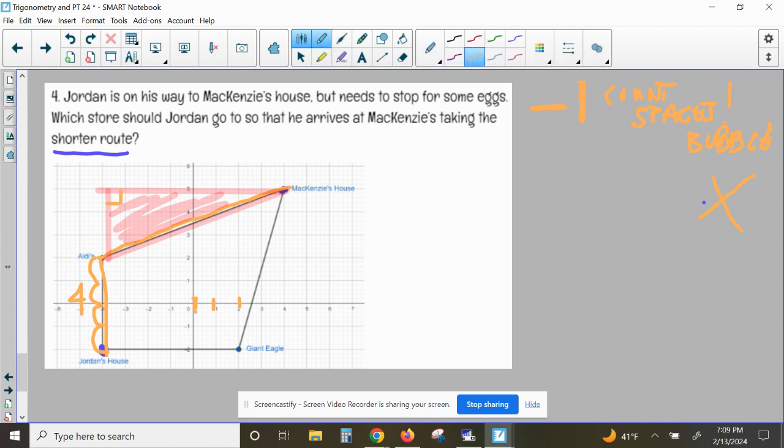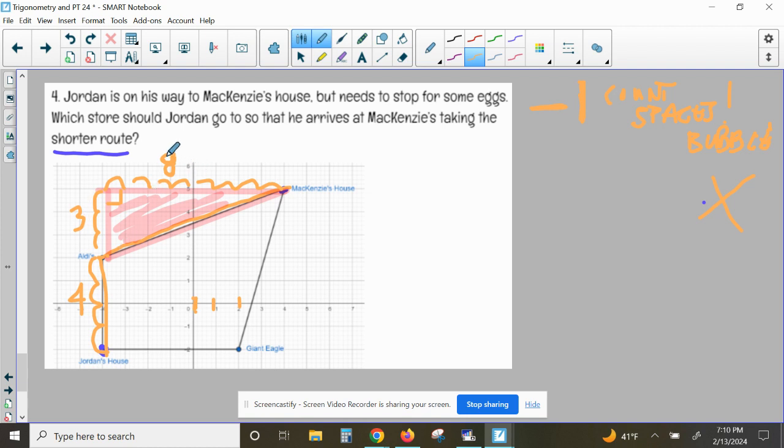I can get these 2 sides by counting bubbles, and then do the Pythagorean theorem to find this one. So this is 1, 2, 3, and this way is 1, 2, 3, 4, 5, 6, 7, 8. So my triangle is 3 by 8.